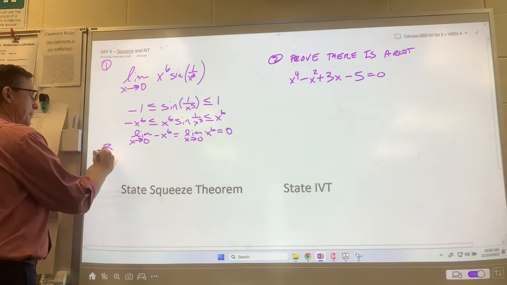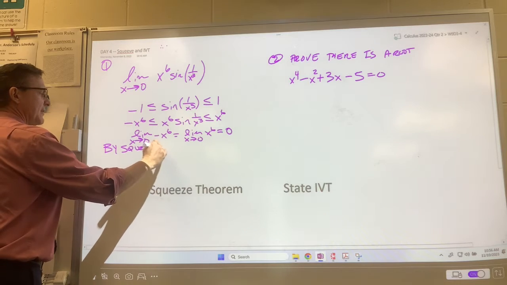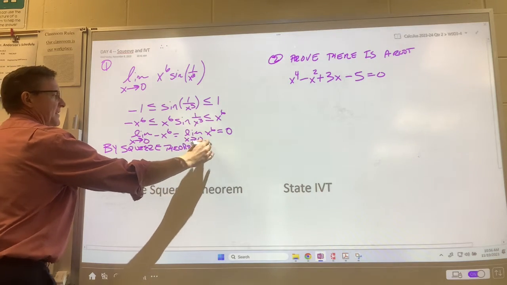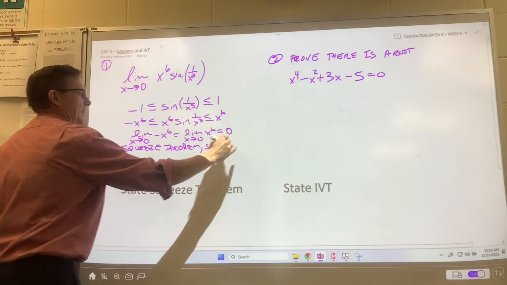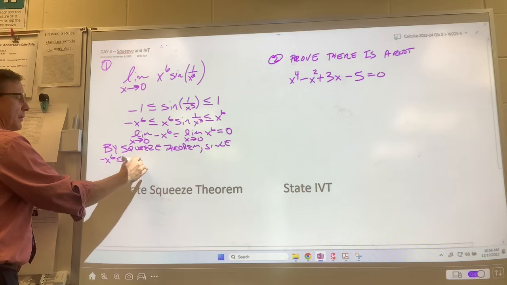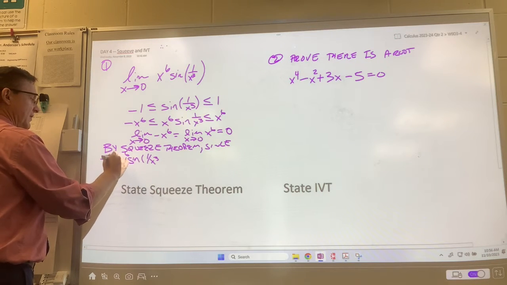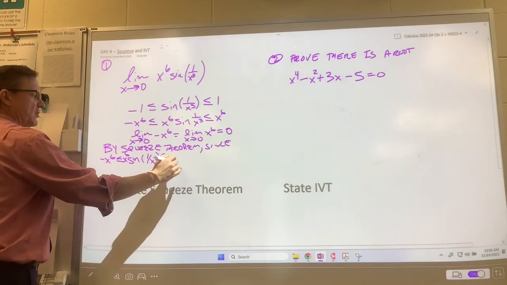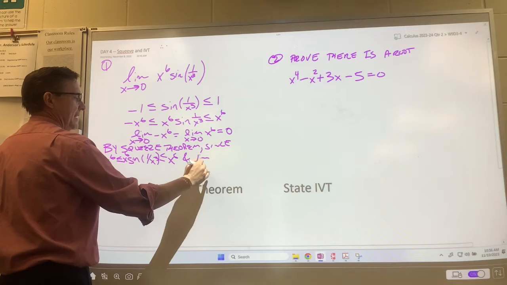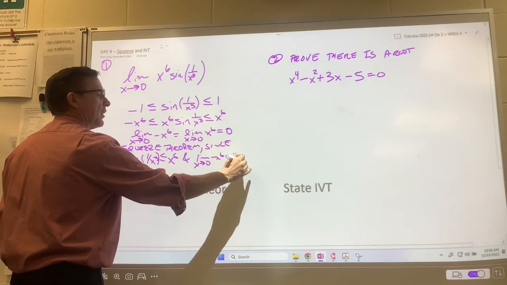It is time to say we know what this is. So, by squeeze, since the function is sandwiched or squeezed between the two known functions, x to the 6, and we show that the limits as you approach 0 of the two functions are equal to a same value.